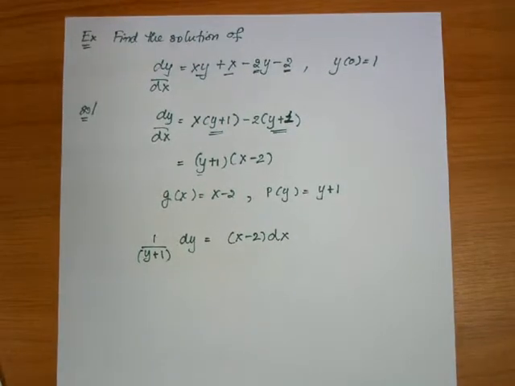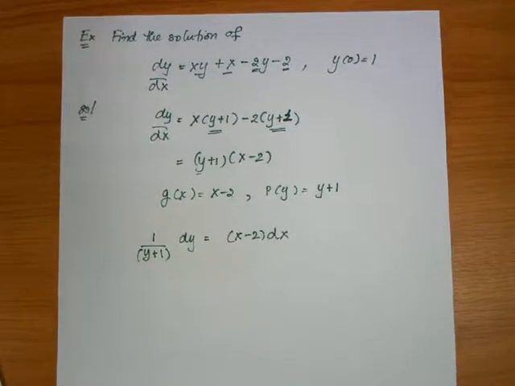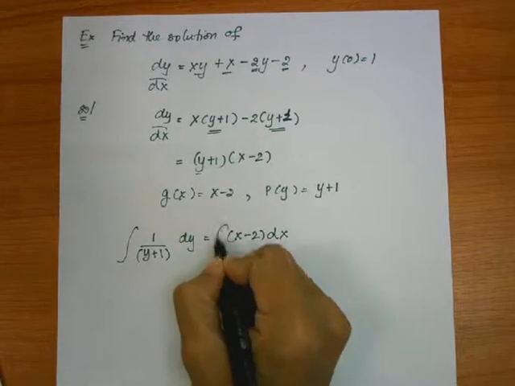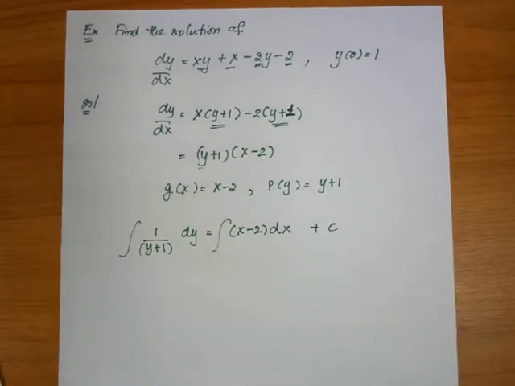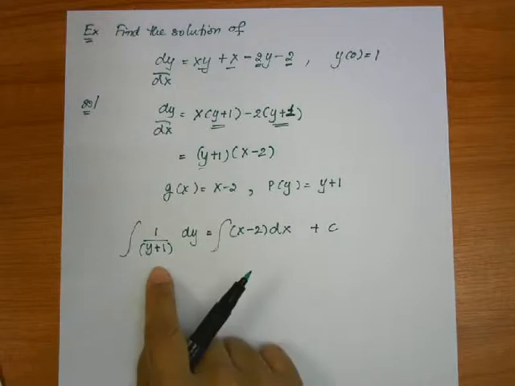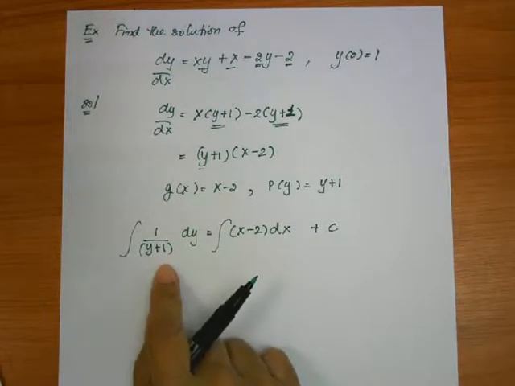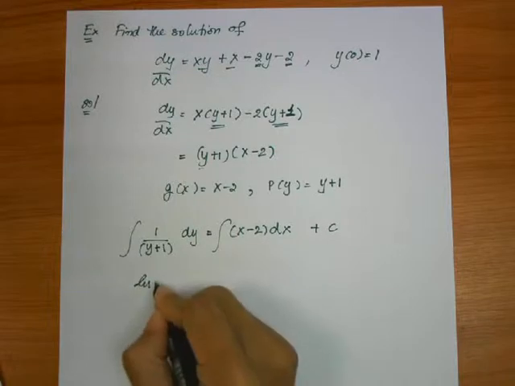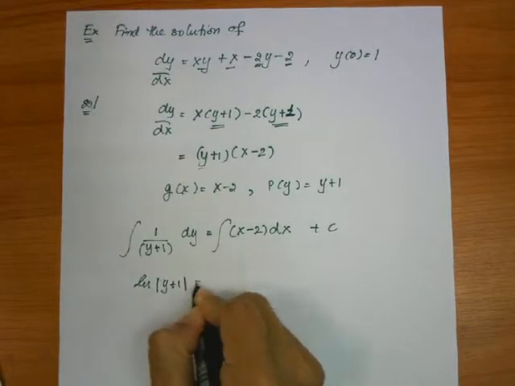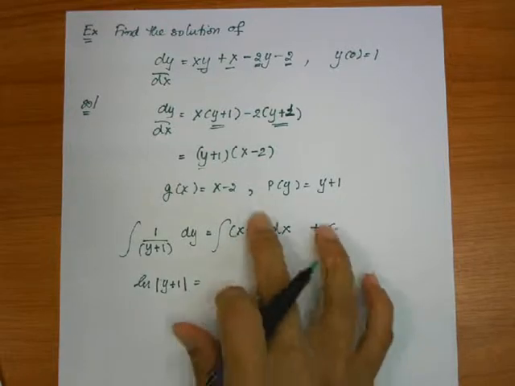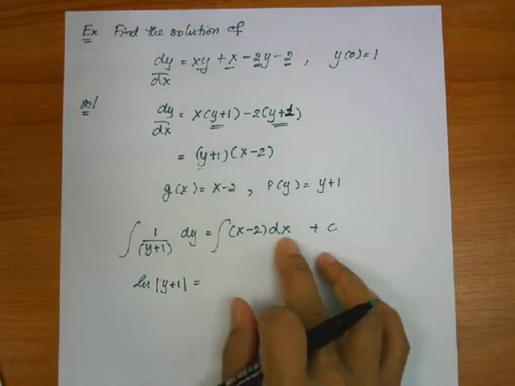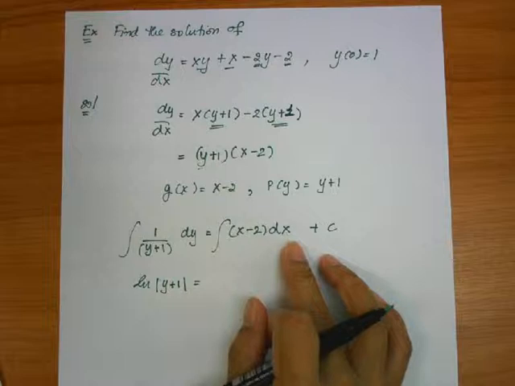and then you do integral for both sides. So you would get, what is the result of integral 1 over y plus 1 dy? ln|y plus 1|. But this one, you can take a look at x minus 2 as one term, and then you put dx as the x plus x minus 2.